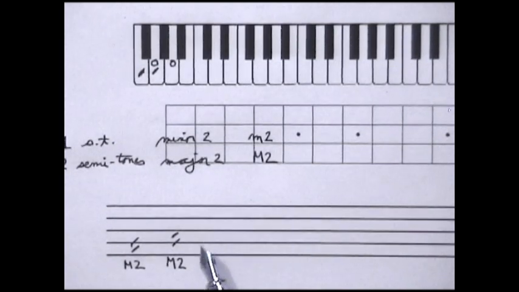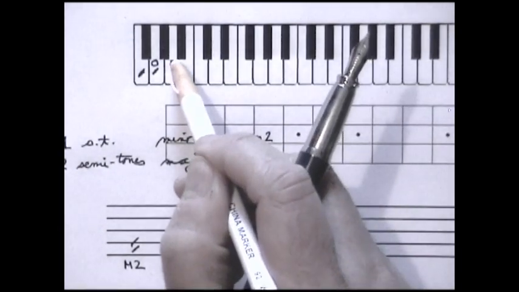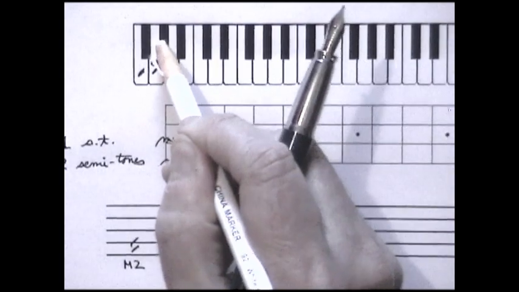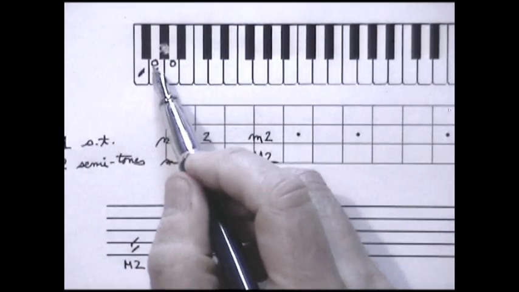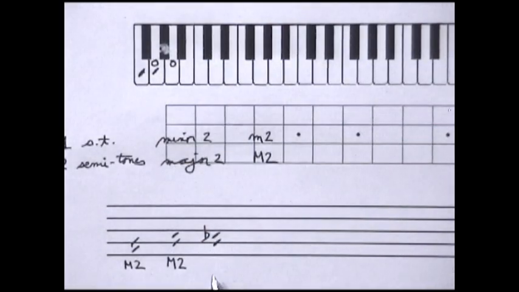So for the case of the G and the A, we could make the interval smaller by flattening the A. So now instead of the A being here, it would be here. And obviously we have 1 semitone between those two notes, so this would be a minor second.